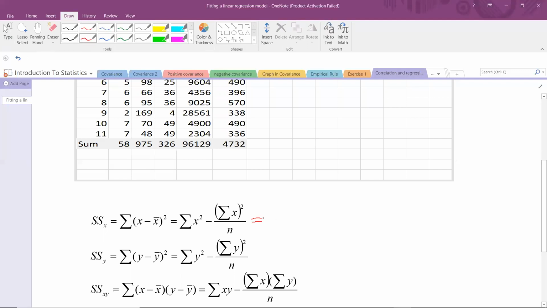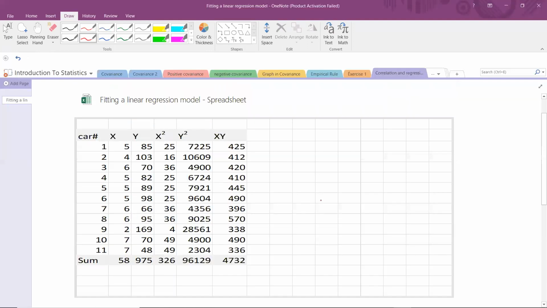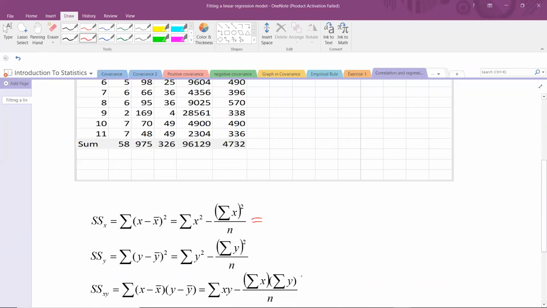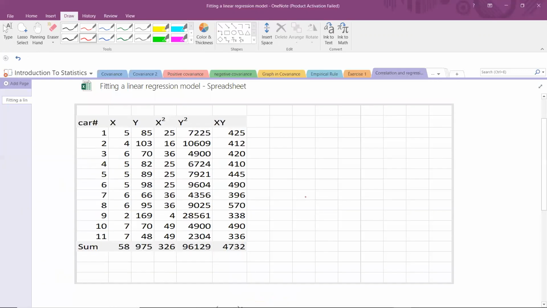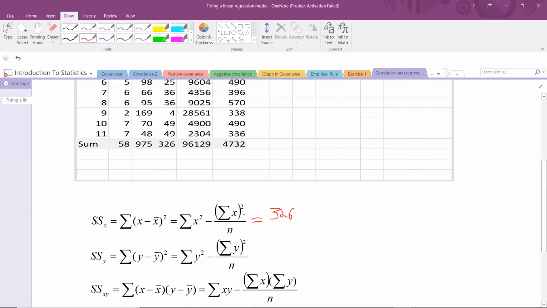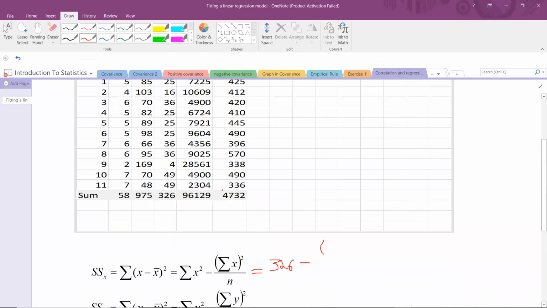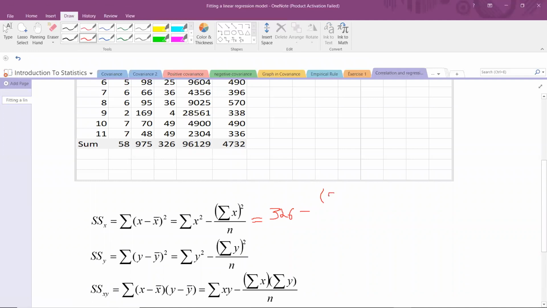Here we have to compute the total of x square. The total of x square is 326. And summation x whole square, meaning 58 whole square, divided by n.